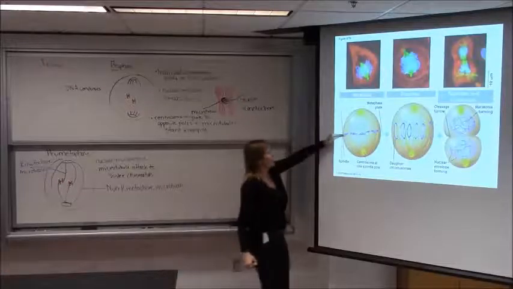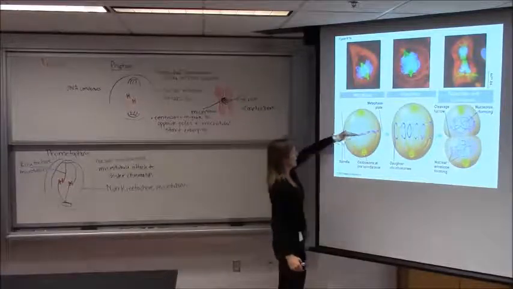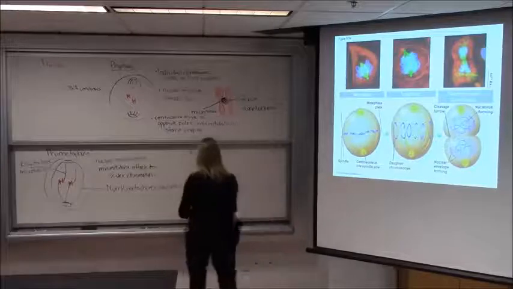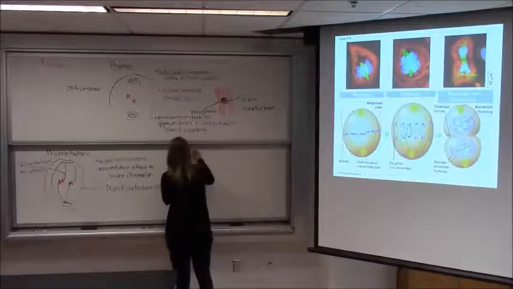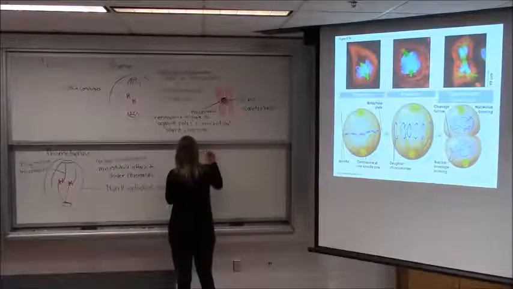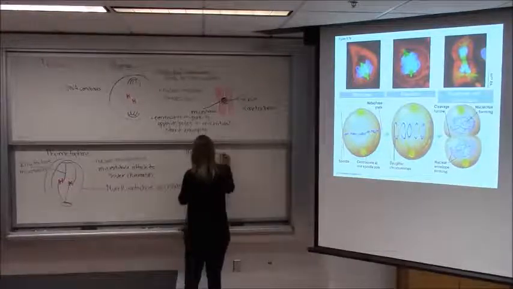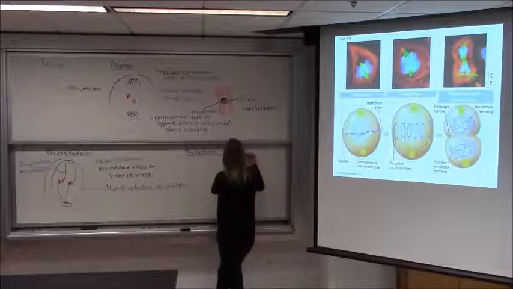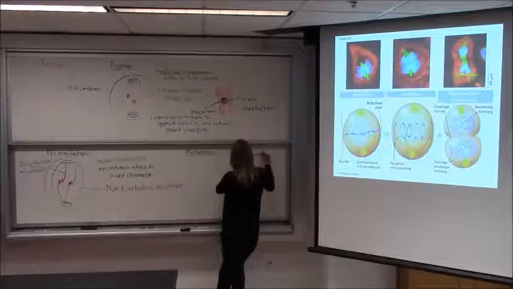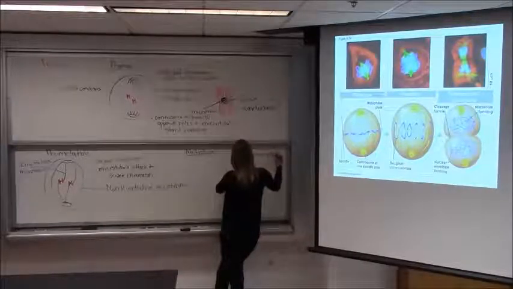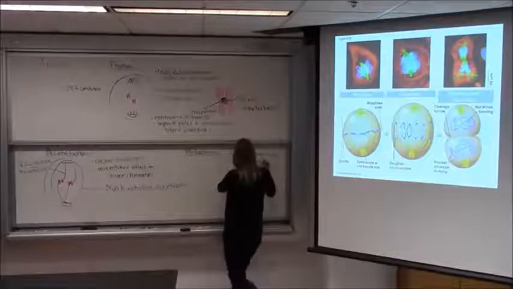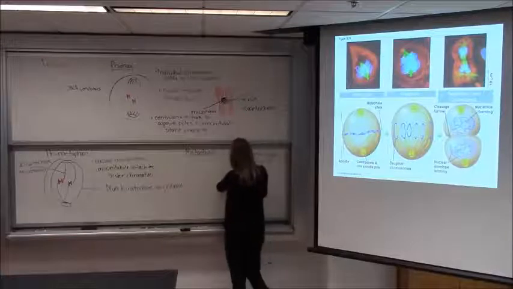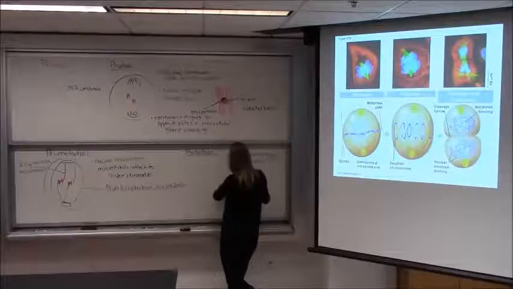As soon as they're aligned in the middle, they're in metaphase. This imaginary equator of the cell is called the metaphase plate. So, chromosomes align at the equator, in quotes, of the cell. And it's called the metaphase plate.